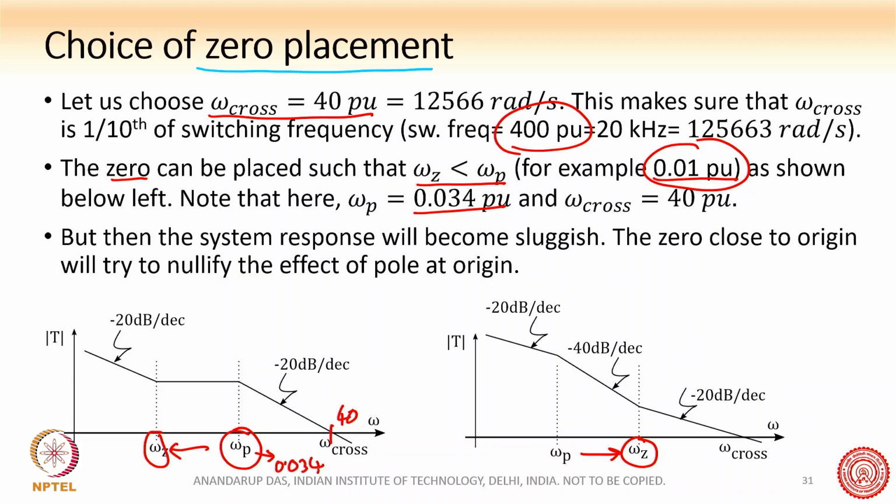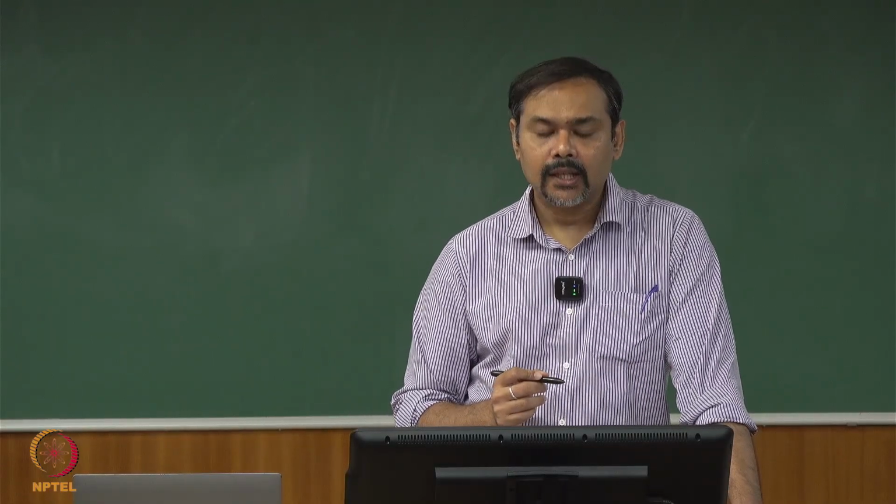If you choose omega z as 0.01 per unit, then you can see that this zero is getting very close to the pole at origin, and then their effects will start to cancel each other.